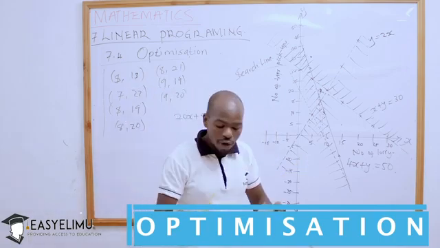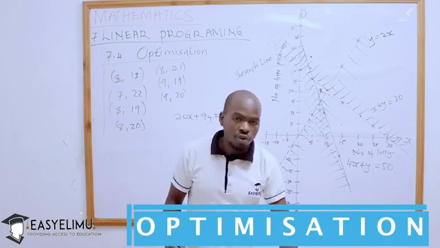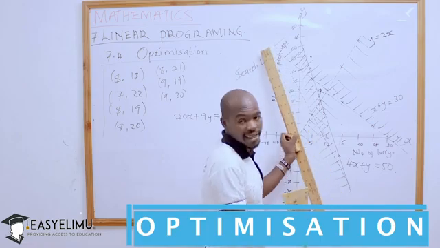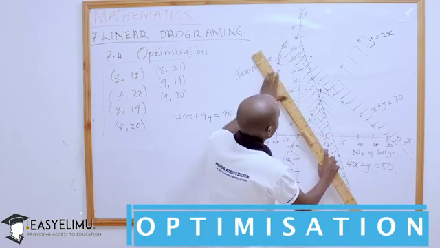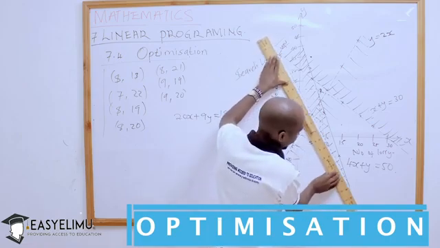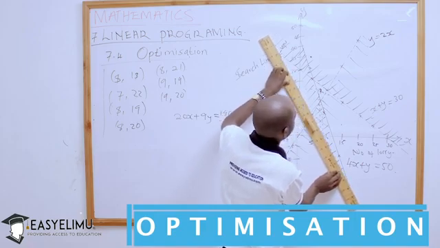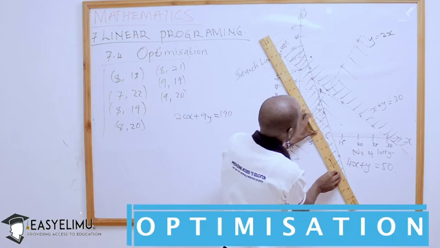If you have one of them, you will use your ruler and place it on the search line this way. This is my search line. You place the ruler on that search line so that it is parallel to the search line.